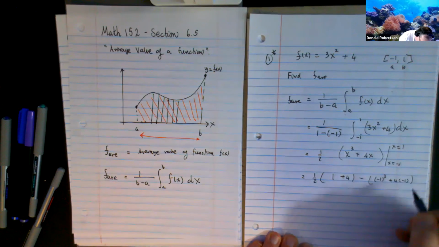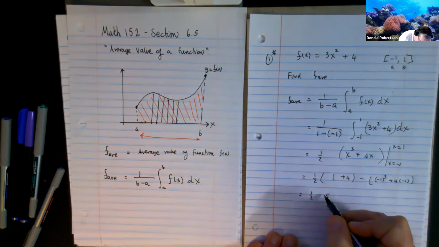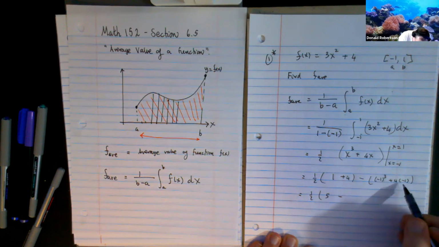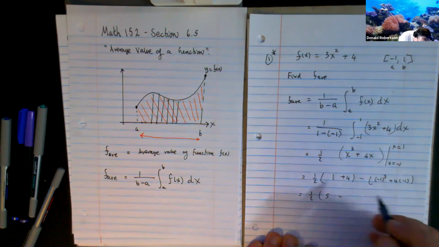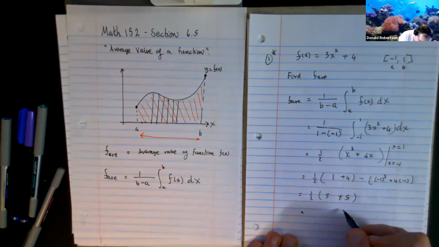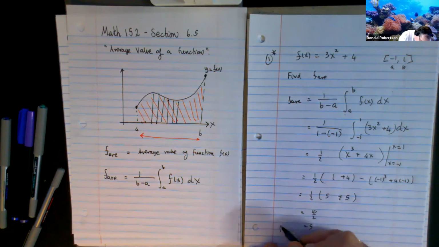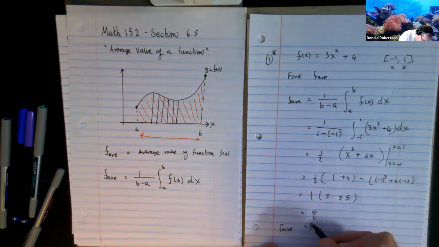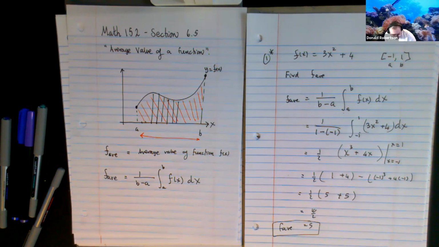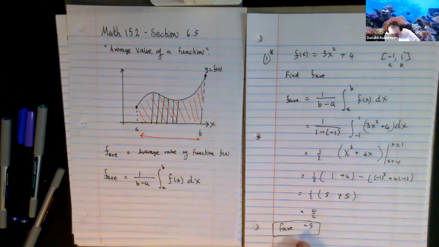Okay, let's see what we get here. 1 plus 4 gets me 5. That's -1. That's -4, so that's -5. And so I get 10 over 2, I get 5. So the average value of this function from x equals -1 to 1 is 5.